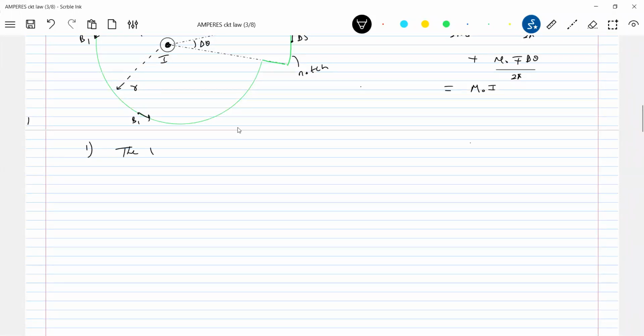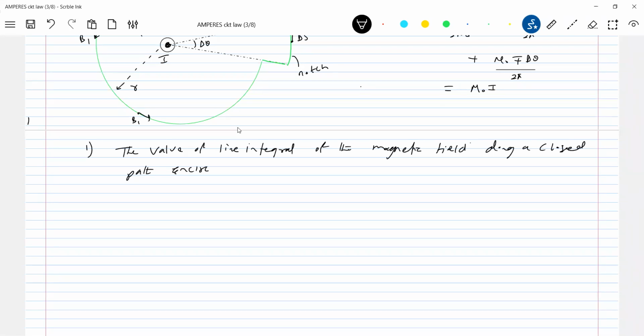The value of line integral of the magnetic field along a closed path encircling a current carrying wire is independent of the shape of the path.